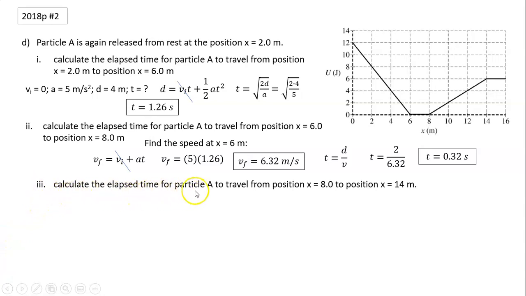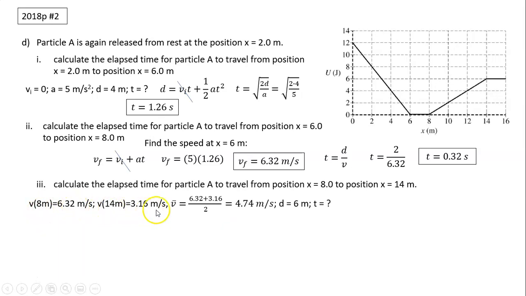Part D3. Calculate the time for A to travel from 8 meters to 14 meters. Again, we know the velocity at 6, and the velocity at 8 is the same thing. We also know the speed at 14, which is the part we solved in Part A. So we know initial speed and final speed, and we can find average speed. We also know the distance, so we can find the time that way. Initial speed is 6.32.